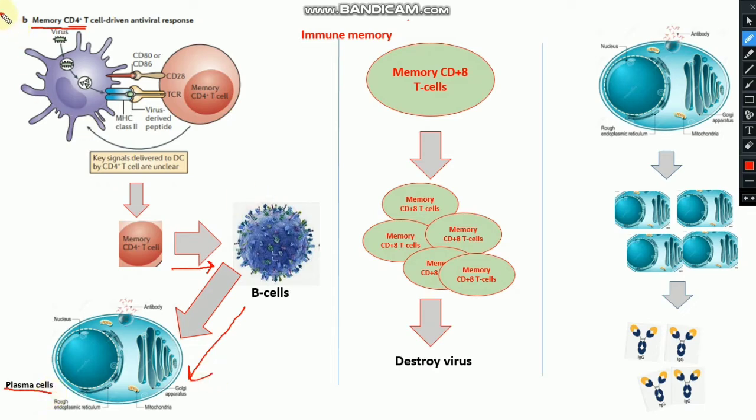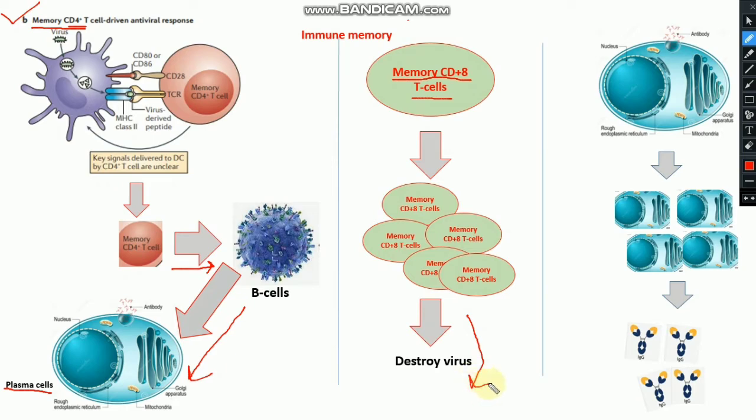So this is the memory CD4 T cells, and a similar kind of cell is the memory CD8 positive T cells. Like the effector CD8 positive T cells, a small portion of these cells survive, and when the pathogen infects again, these memory T cells proliferate and destroy the pathogens.